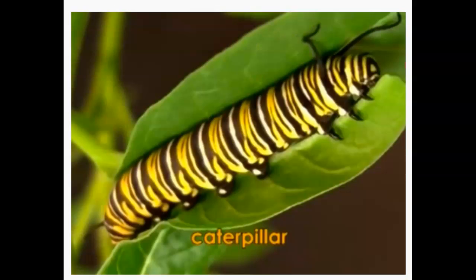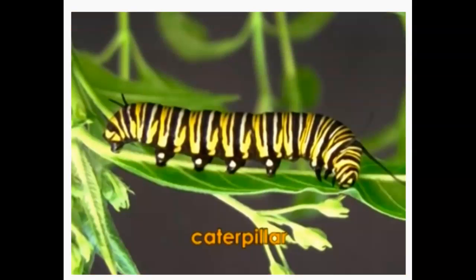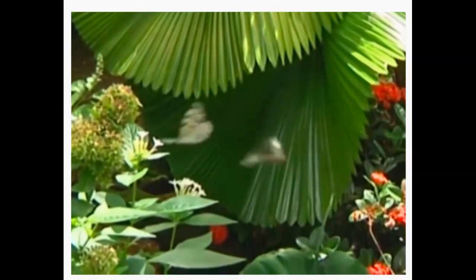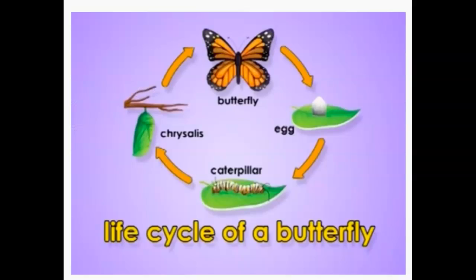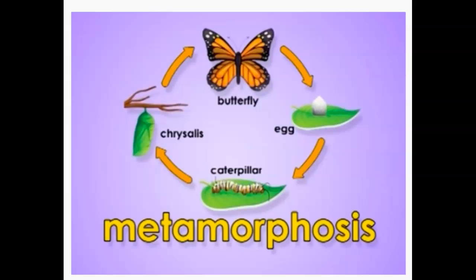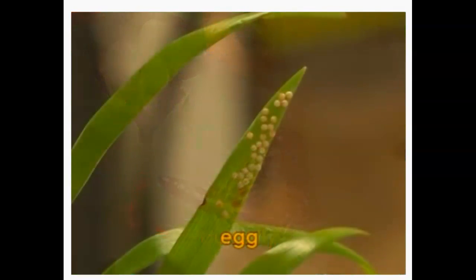Butterfly egg, caterpillar chrysalis. Flutter and fly in the sky. That's the life cycle of a butterfly. Changes, changes, round like this. It's called metamorphosis. The butterfly lays her tiny eggs on a leaf.